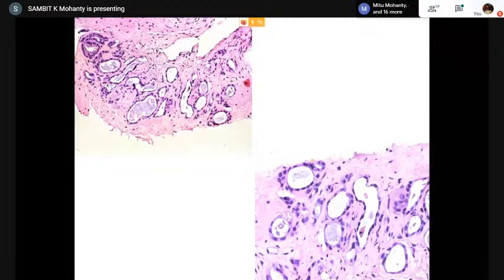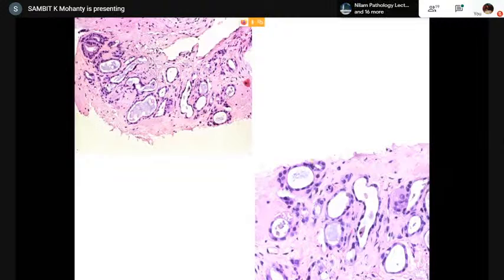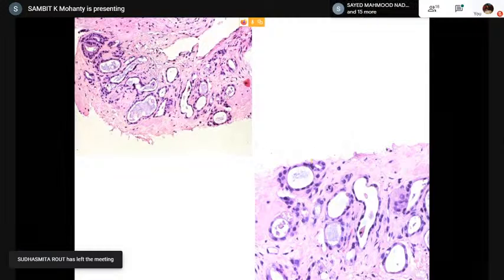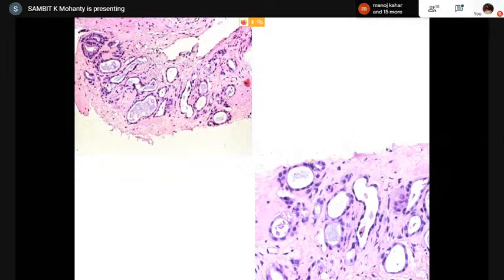Just type out why. Benign atrophy, yeah. She says it's flattened lining. That is an atypical.